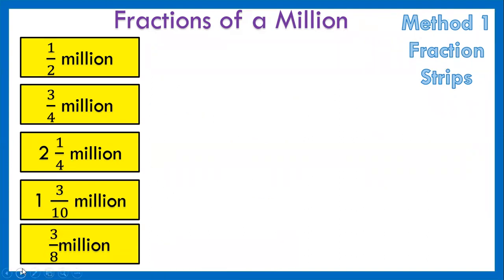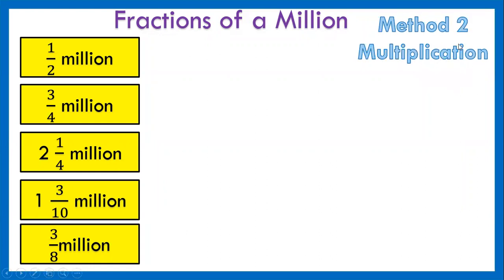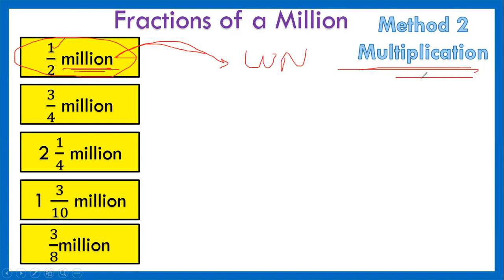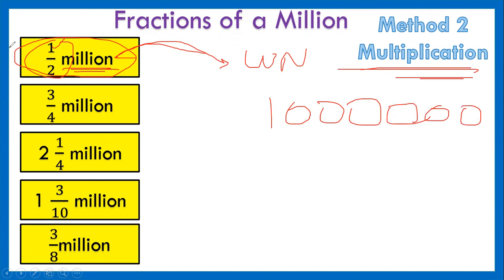Now, what is method 2? For those who didn't quite understand fraction strips, of course you can use this method as well, which is a direct multiplication. When you have a fraction of a million and you want to convert it to a whole number, you can just directly multiply this fraction with 1 million. And that's what we have been doing. So how do I take half and multiply with 1 million? 1 million means 1 million over 1.